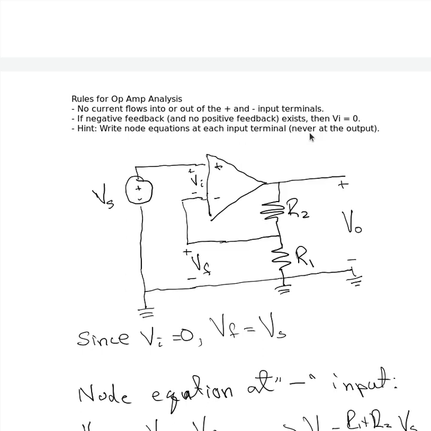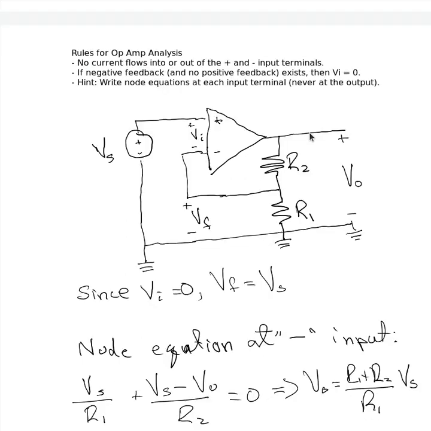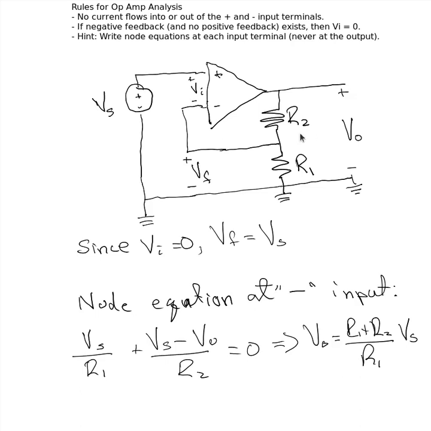So let's try and apply these things to this circuit which we came up with just a few minutes ago. If we apply the first rule, it says no current is flowing in here. Well, that doesn't tell us much except that there's no current flowing through the source, which is nice, but doesn't really help us figure out what the output voltage is in terms of the input voltage.